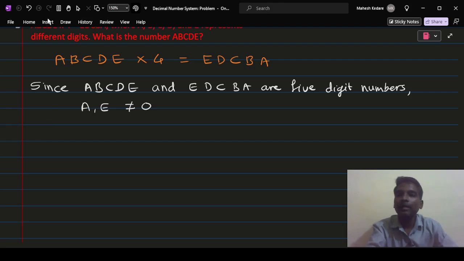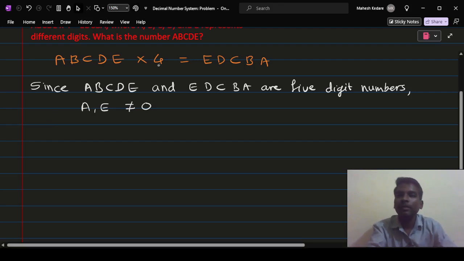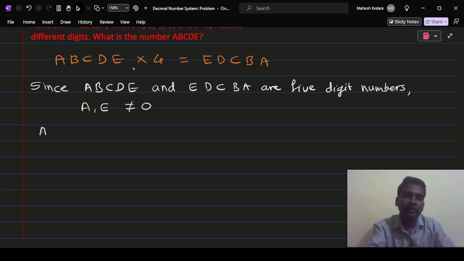We are multiplying the number ABCDE by 4. If the 5-digit number is to be reproduced again, A must not be greater than 2.